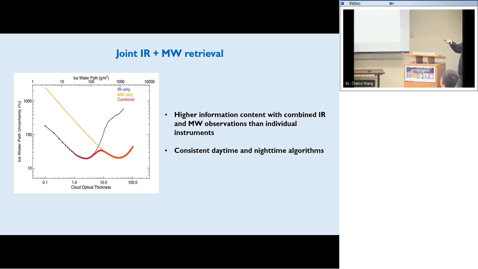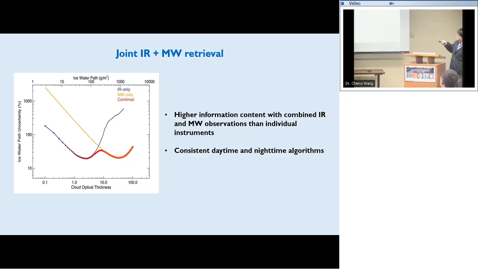Here's the retrieval uncertainty in terms of IWP as a function of cloud optical thickness. You can see that with the infrared-only retrieval, the blue curve, you have small uncertainty if the cloud optical thickness is low, but the uncertainty goes larger and larger when you have thicker clouds. For microwave, it's different.